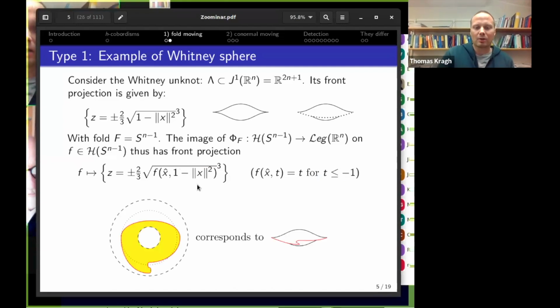Okay, so a picture of this is that if I take this standard sphere, now S1, and I look at one of these h-cobordisms that goes from the sphere to this other sphere, in this case still S1, then what you see in the front projection is some sort of deformed Whitney sphere, where the fold itself around this Whitney sphere follows this sphere here.